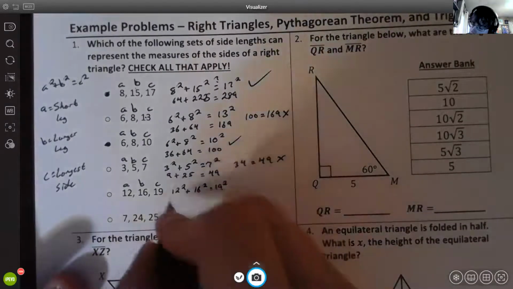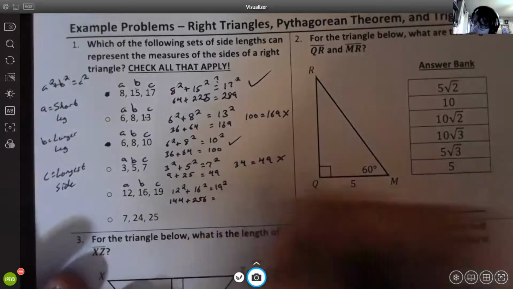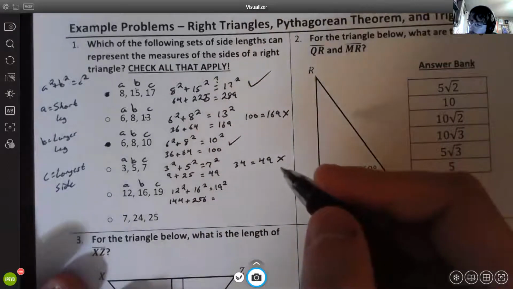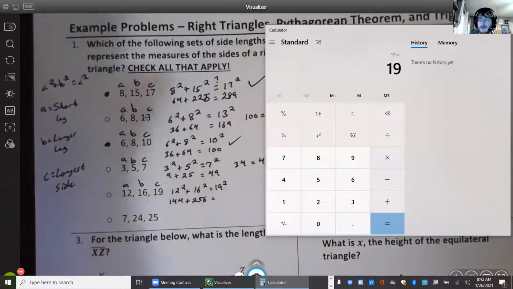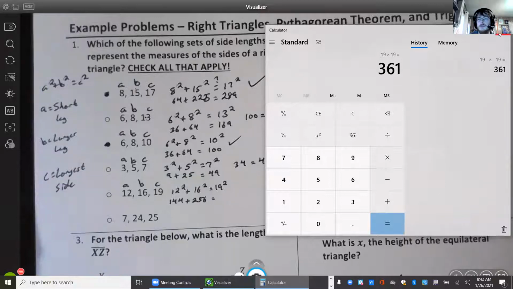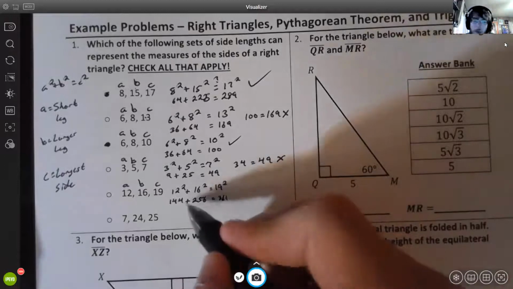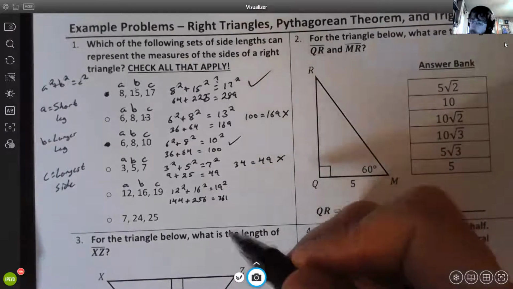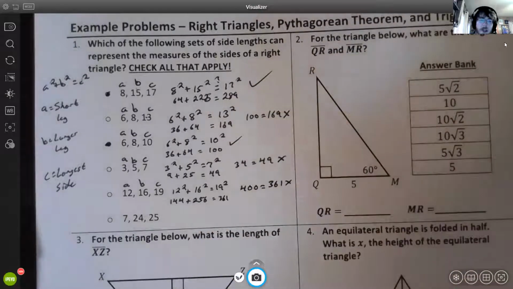So 12 squared is 144, 16 squared is 256, and 19 squared is, let's see here, 361. So this is 361. If we add 144 and 256, we get 400, and 400 is not equal to 361, so that would also not be one of the sides of a right triangle.